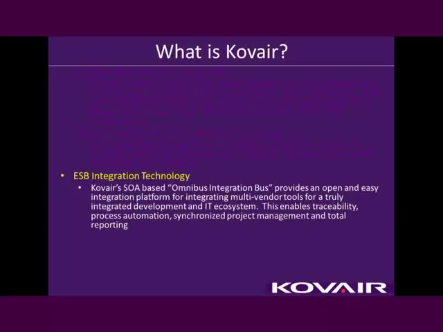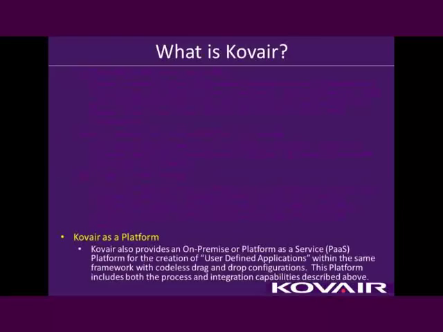And since it uses enterprise service bus architecture, overall development effort, cost, and time, as well as maintenance effort and cost, is substantially lower than any other integration technology, typically which are point-to-point.